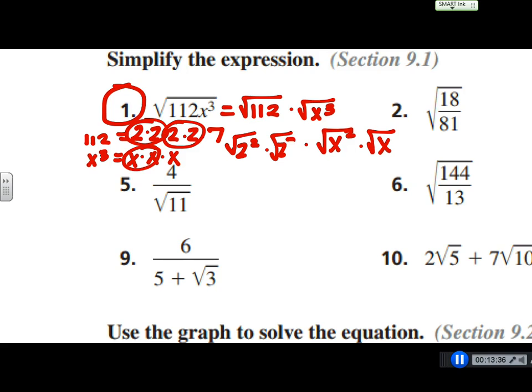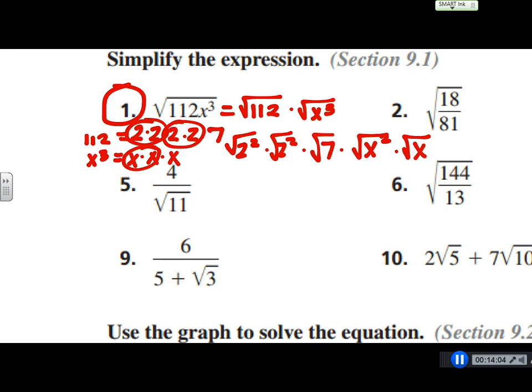I have another pair of 2's, and what else do I have? 7. I'm just breaking this down based on what these individually break down to be. So if 112 is 2 times 2 times 2 times 2 times 7, remember we pair up the pairs, so then we say, okay, 2 squared, 7. That gets my pair of 2's, and 7. I have my pair of x's and then a single x.